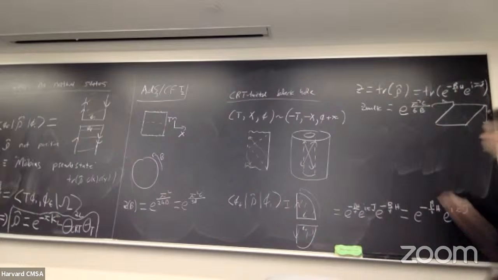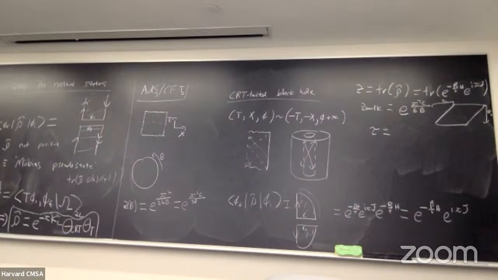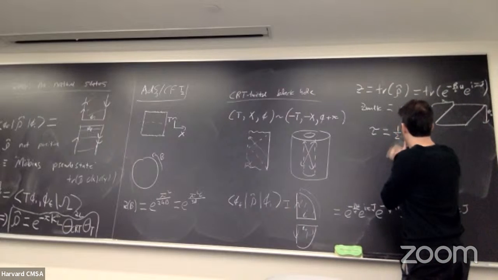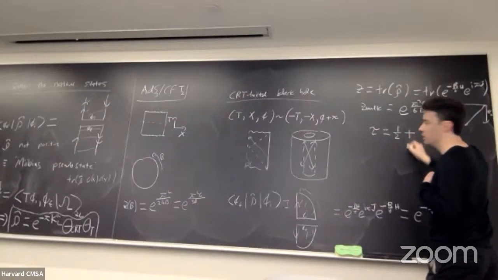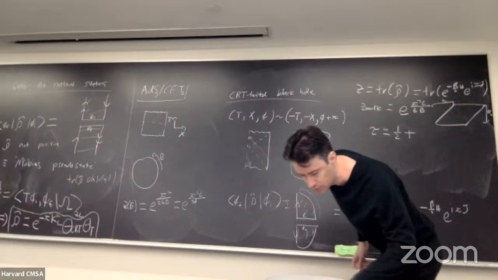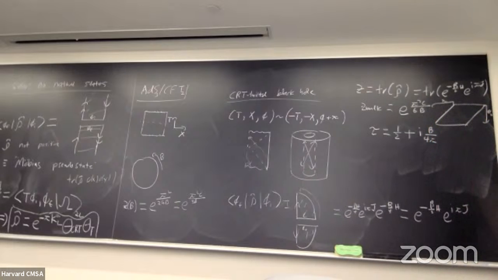In terms of the complex structure parameter of the torus, there's a 1/2, which is real, plus, I always forget the normalizations, an imaginary part, which is beta over 4. So I'm just trying to compute the CFT partition function on this torus.